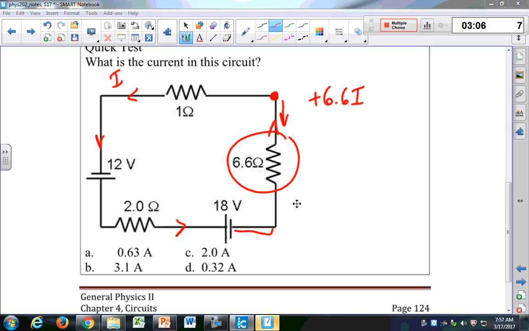Then I come up here, and this is like the chugga chugga. Is it plus or minus 18? It is plus, because I'm going from low to high. Then you do the rest: the 2, the 12, the 1. Add all those up and set them equal to 0. That's our loop rule, and then you solve for I.